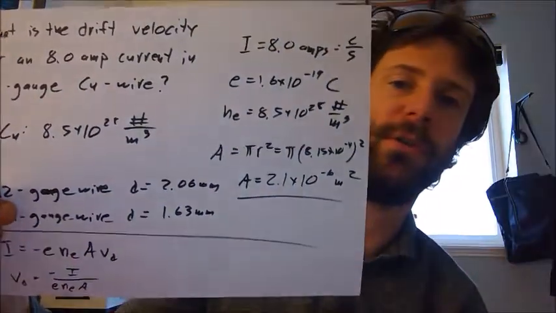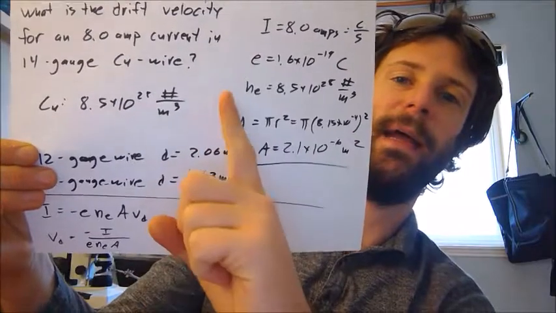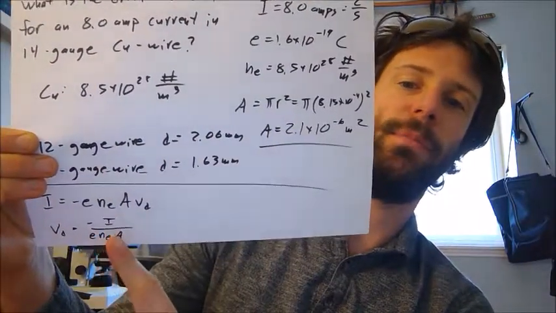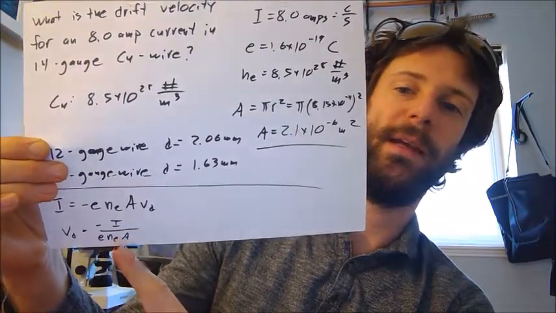Cool. So we have all of our stuff: A, n_e, e, I. We can plug those all into this formula and see what we get. 8 amps divided by 1.6 times 10 to the minus 19 times 8.5 times 10 to the 28 times 2.1 times 10 to the minus 6.